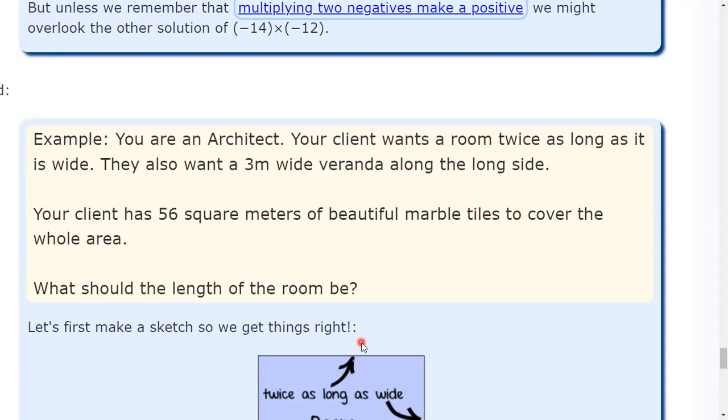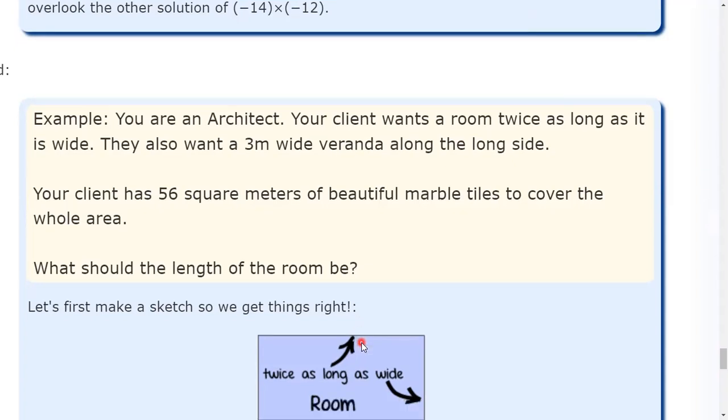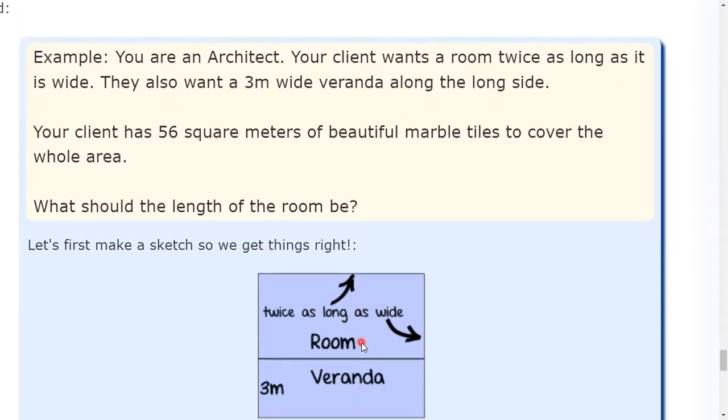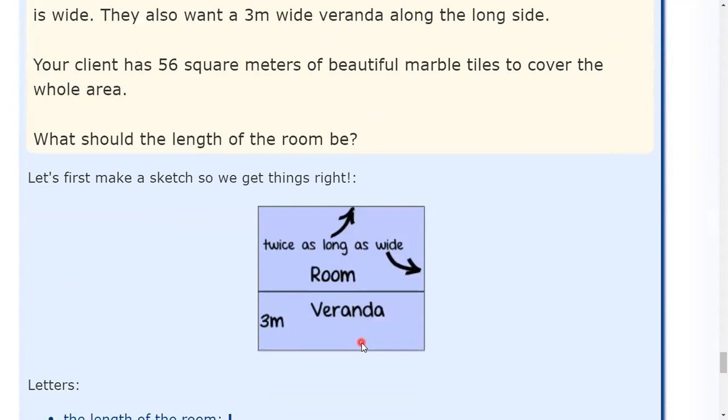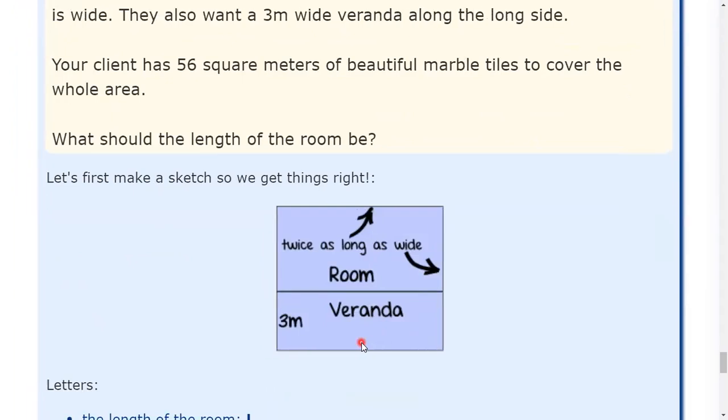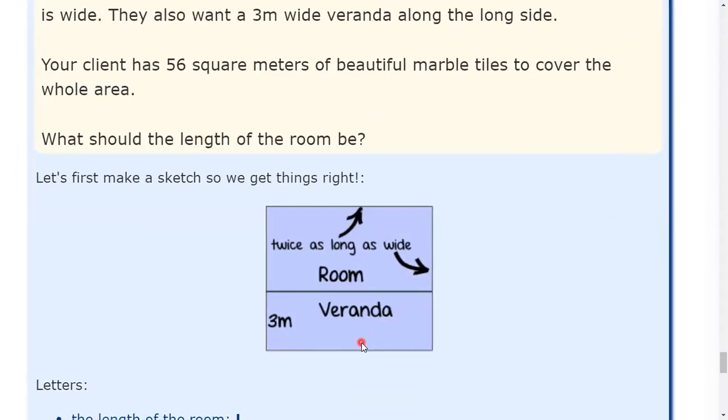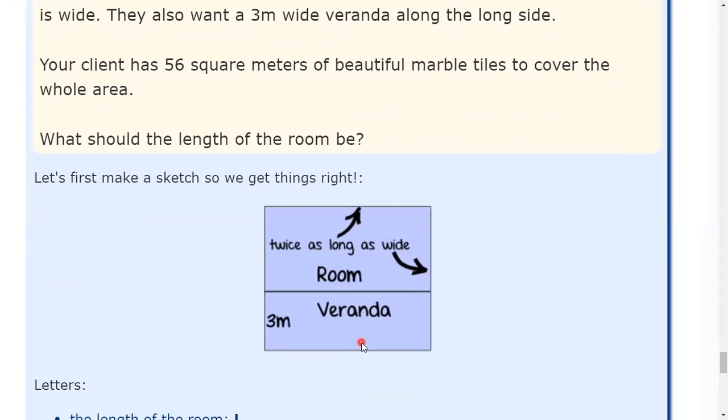Look at this, actually this is all about the geometrical format of the problem, and we will have to calculate the length and the area and the extra part. You can see the rough diagram of this. Twice as long as the width, that is the room, and this is the veranda in front of that.